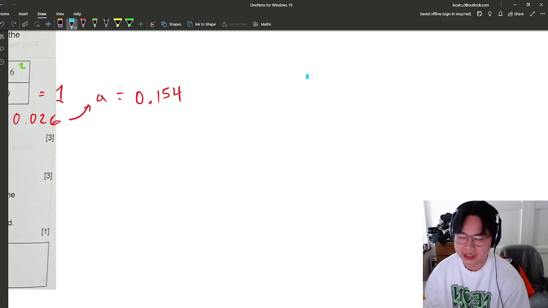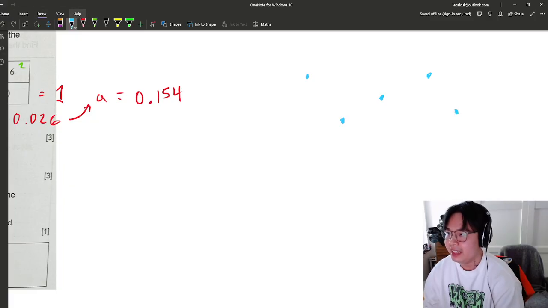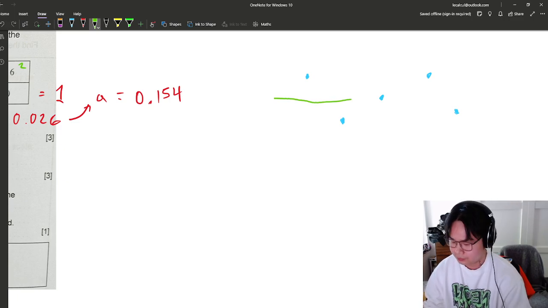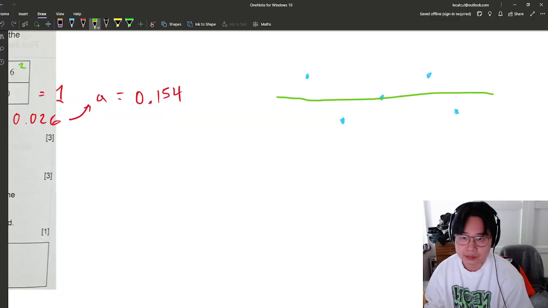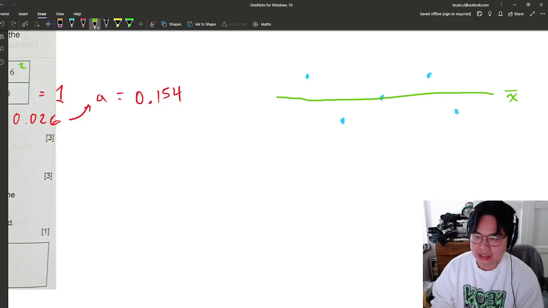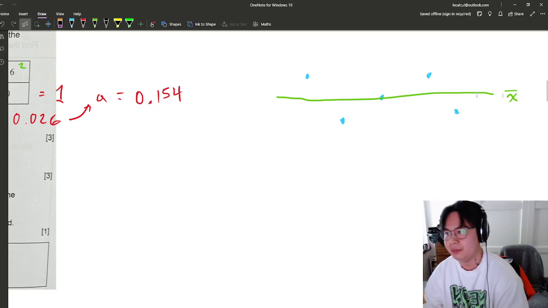Let's say that you're measuring the height of people. So you have like 3 people, 4 people, 5 people, doesn't really matter. And then you can calculate their average. So their average, let's say, is here. This is their average height. Once you calculate their average, a lot of things you would like to do in statistics is calculate how far apart each of these people is from the average.